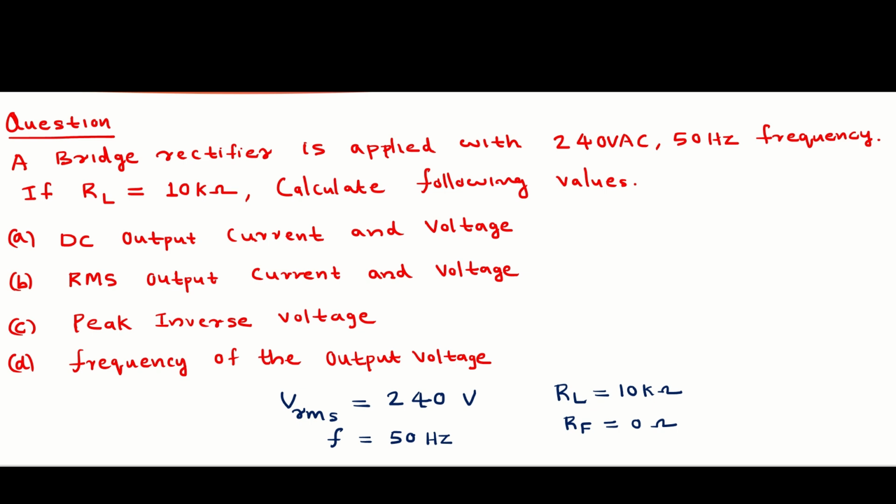So first we have to find out the DC output current and voltage. Given that Vrms is equal to 240 volts, what is the expression of Vrms in terms of Vm? I have explained all the expressions in the previous classes.